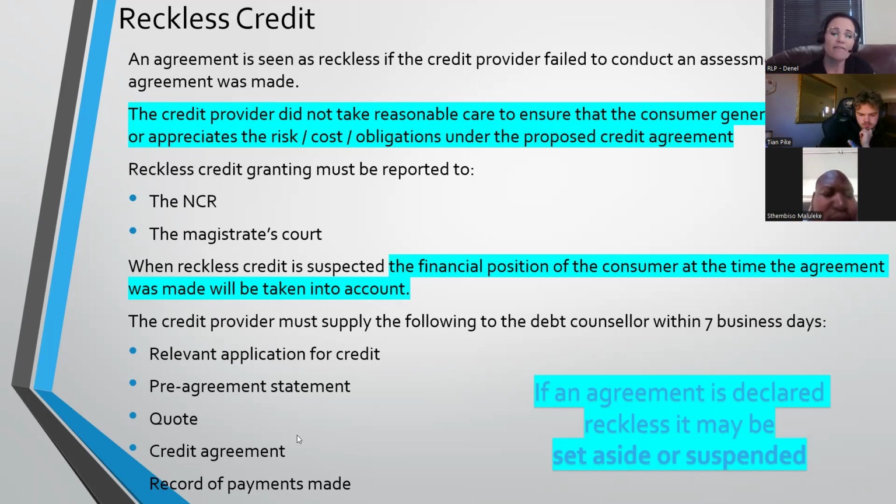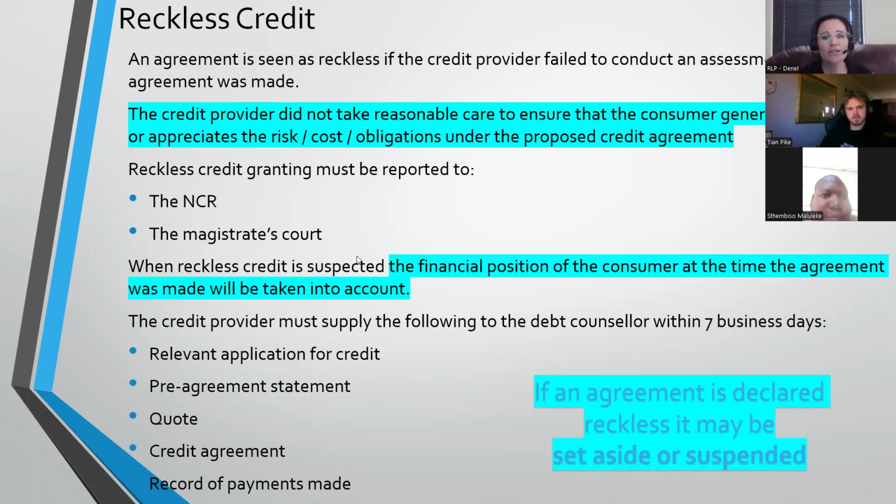And they start the investigation by checking what was the financial position of the consumer before they entered into this credit agreement. Because if there are already clear signs in the beginning that the consumer is over indebted and the credit provider still decided to grant the credit, they did that recklessly, but they first have to determine what was the financial position for the consumer before they entered into the mentioned credit agreement.